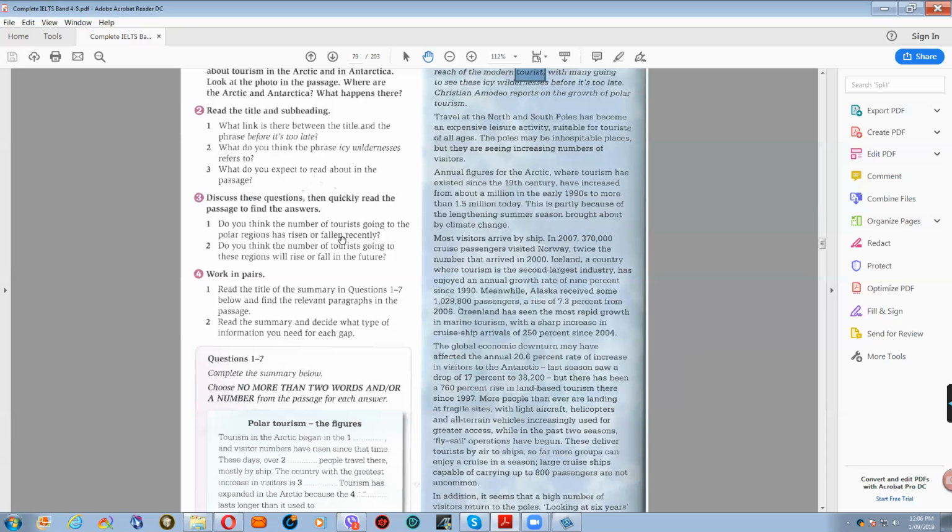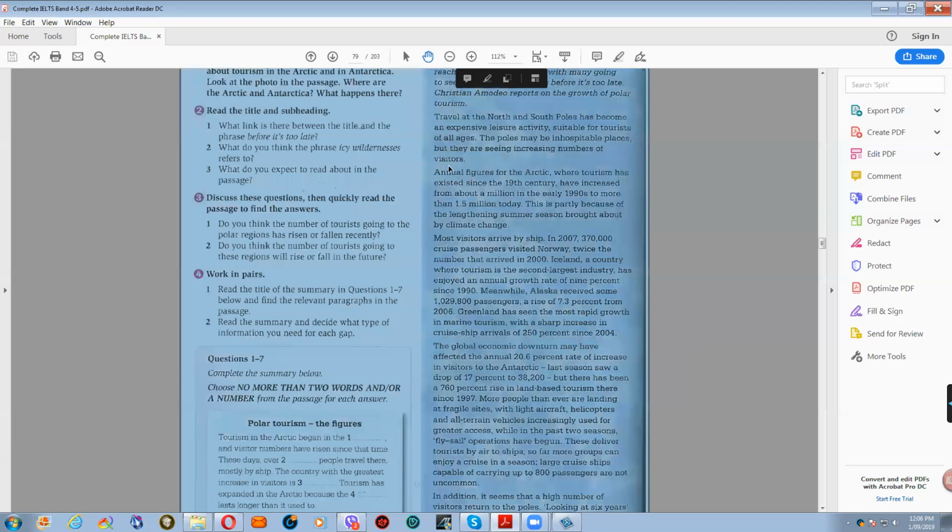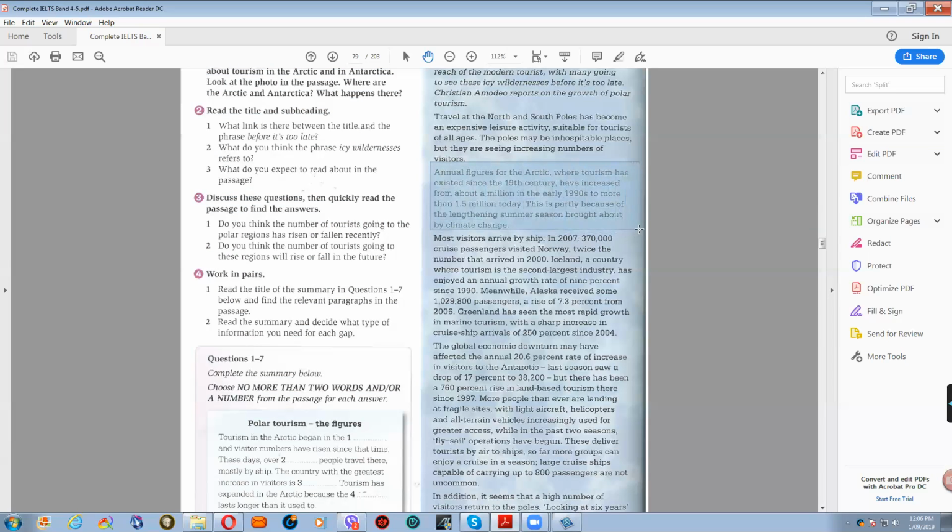Do you think the number of tourists going to the polar regions has gone up or down? Where are we?